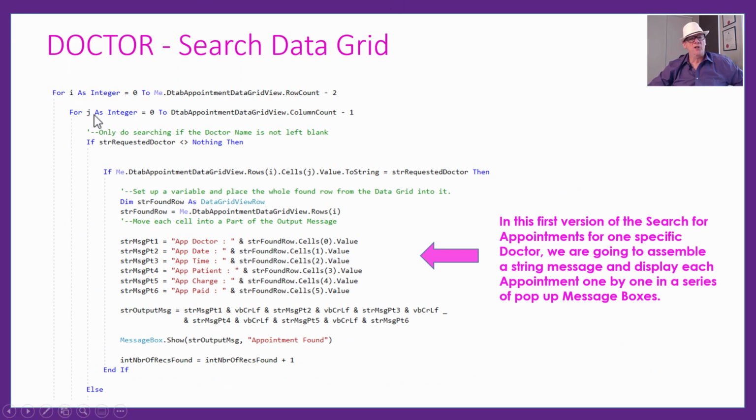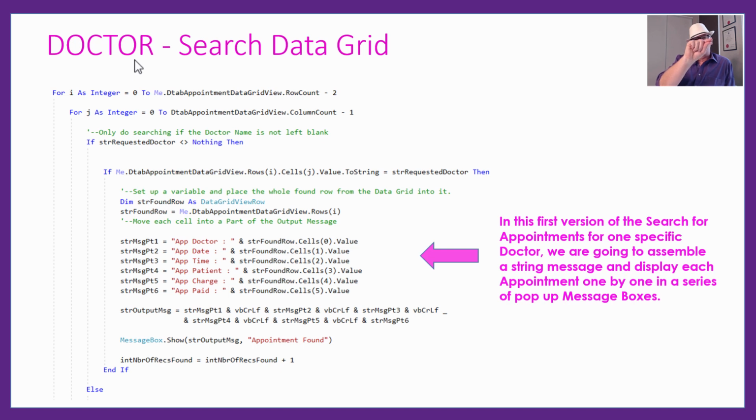Now we need an I and a J, we need loops inside loops, and the reason is because in that data grid view we've got rows going down with each doctor's name on them, but inside each row you've got cells or columns. So you've got row number 1, we've got the doctor, we've got the date, we've got the time, we've got the patient.